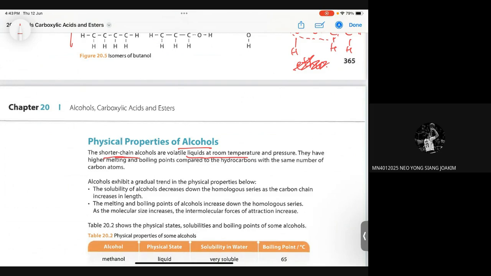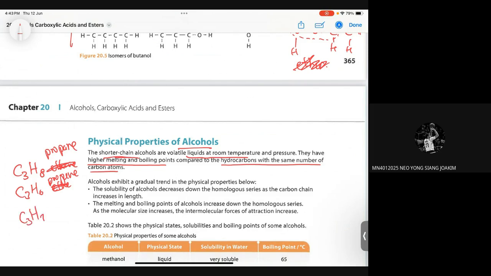They actually have higher melting and boiling points compared to hydrocarbons with the same number of carbon atoms. So if I compare C3H8, this is propane, and C3H6, this is propene, then I compare C3H7OH, this is propanol.